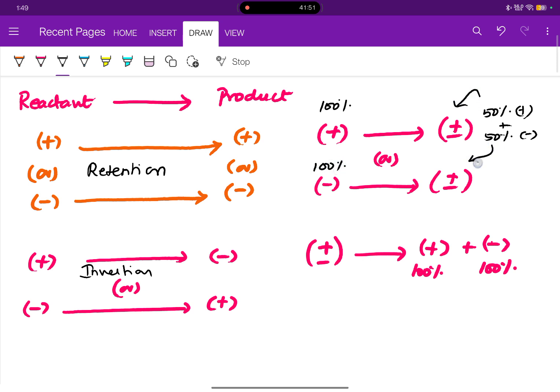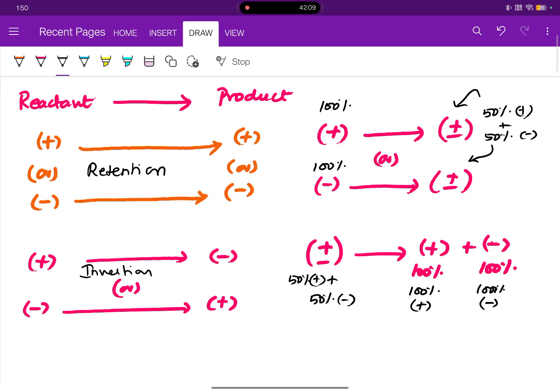Same thing, both of them, correct? Yes, sir. Correct. Here you see 50% plus, 50% minus. So after some time it gives you 100% plus and 100% minus.